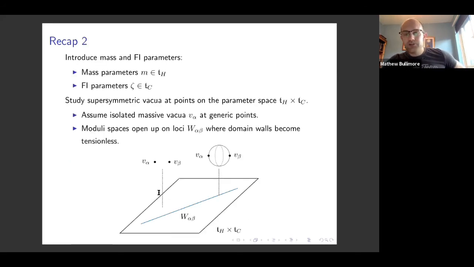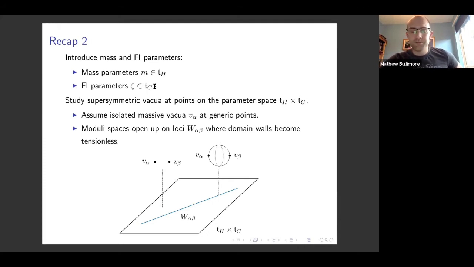The second lecture, we introduced some important deformations of this theory. The way I phrased them were as scalar central charges, central extensions of the supersymmetry algebra. But physically, they're mass parameters and FI parameters. And the mass parameters are valued in the Lie algebra of the Higgs flavor symmetry, and the FI parameters are valued in the Lie algebra of the Coulomb flavor symmetry.